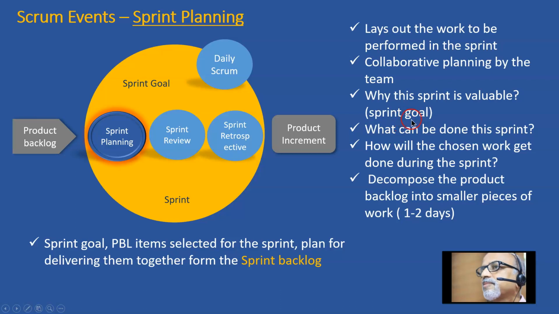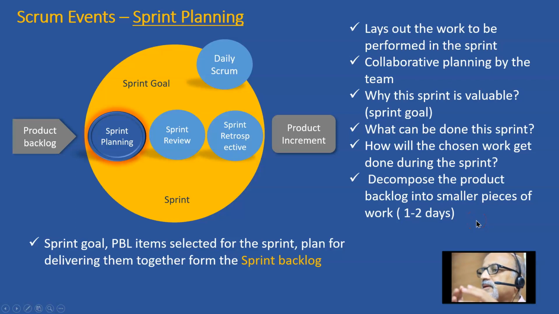Then during the sprint planning meeting, the goal is defined. Then what can be done during the sprint is also discussed and finalized. How will the chosen work get done during the sprint? The team decides it, and decomposes the product backlog into smaller pieces of work that can be completed in 1 to 2 days.